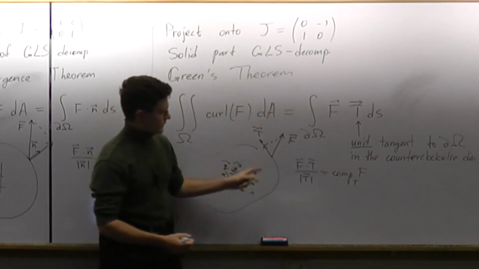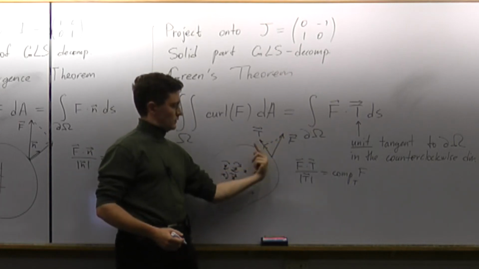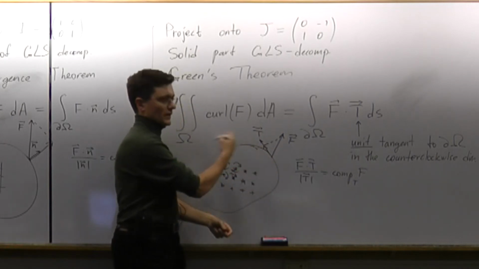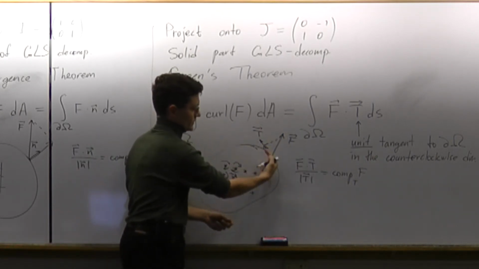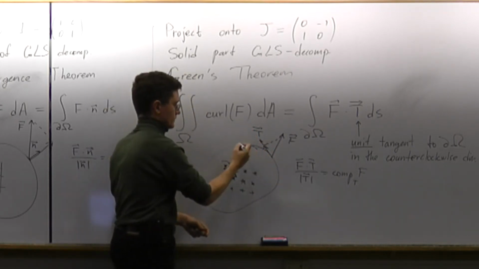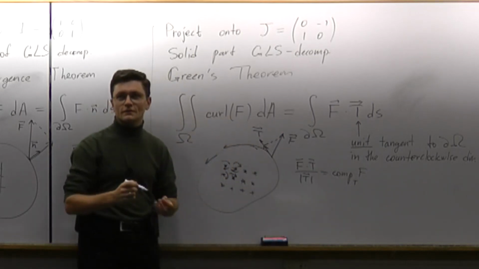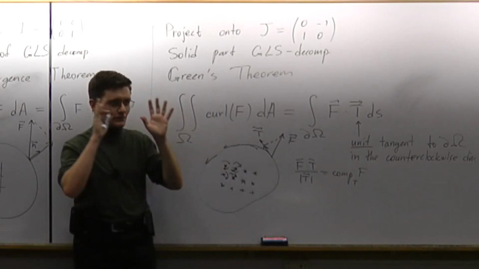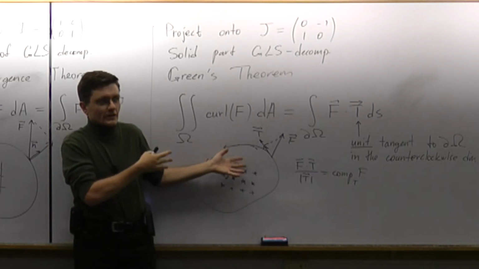So what it means is that I'm computing here the contribution of this vector to circulation along this path. Right? Basically, this is how much my vector is pushing the whole thing and tries to rotate it counterclockwise. Well, how close this is to physics, I don't know, but this is the way for you to think about it.